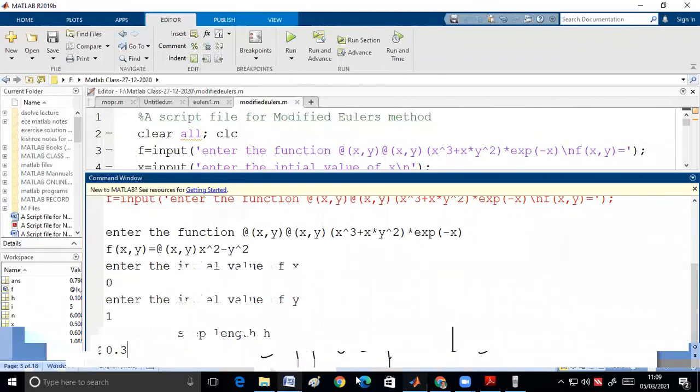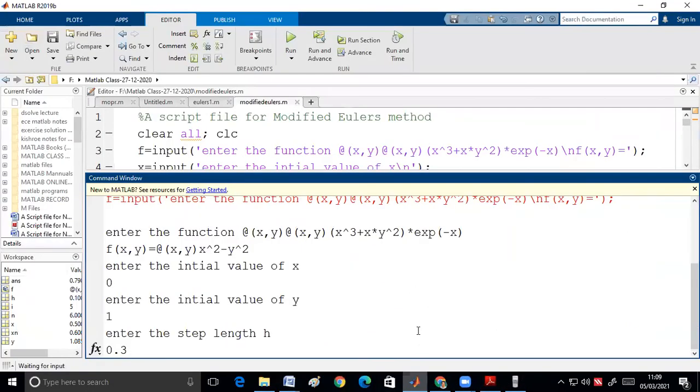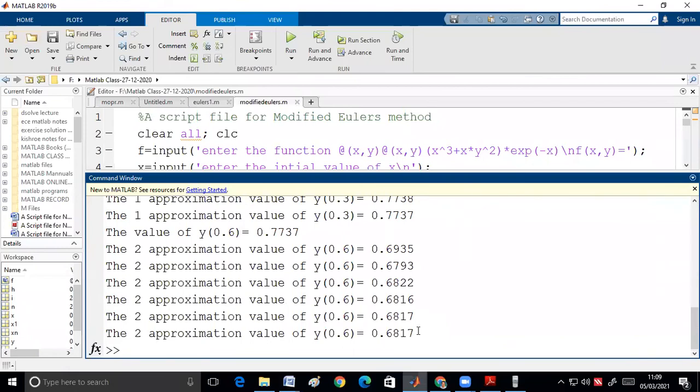Am I correct? 0.3 is the step length. Now the last unknown value is 0.6. Now the first approximation, second approximation, third approximation.